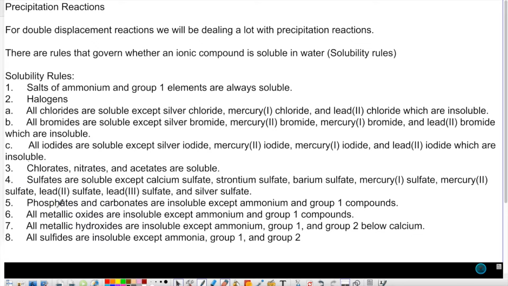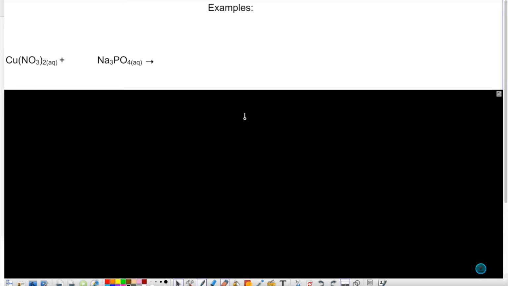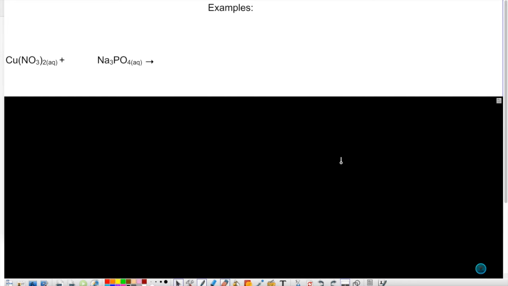All right, so let's see what I'm talking about here. Okay, here, good stuff all the way from the start. All right, so I've got two compounds. Now, I've given you a little information right here that these are both soluble.